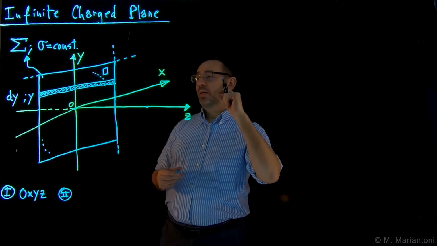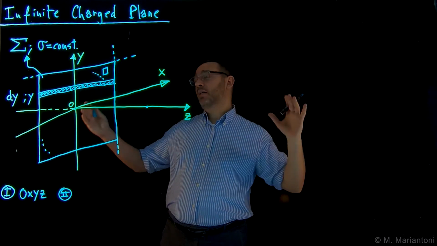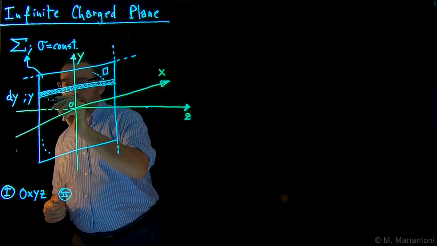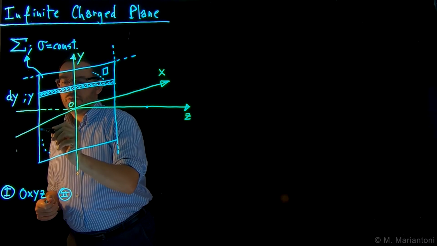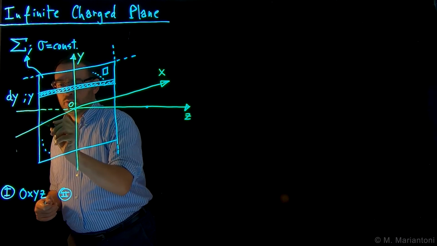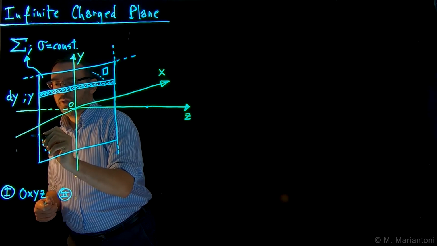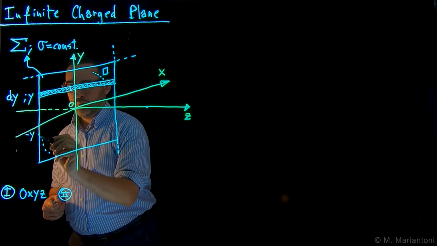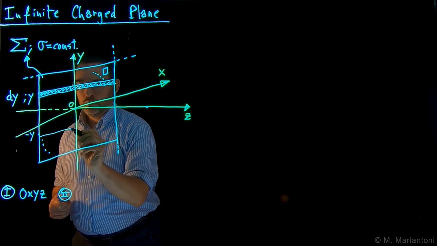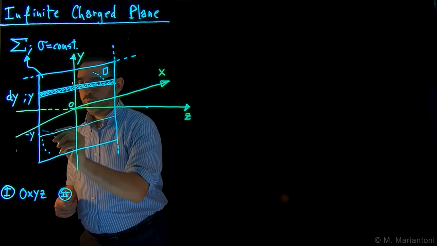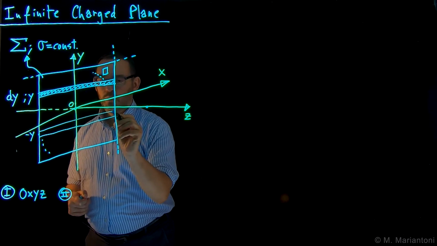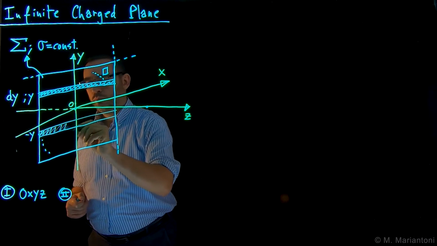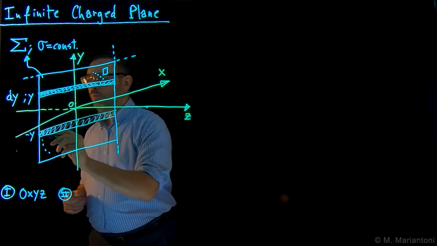So it's infinitesimally small, but infinitely long. Similarly, on the other side down here, at location minus y, we can have another similar stripe like this, also infinitely long, with the same width dy.